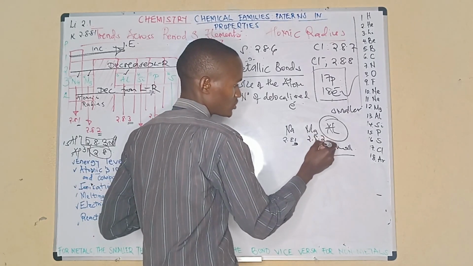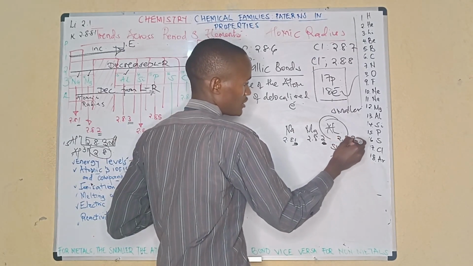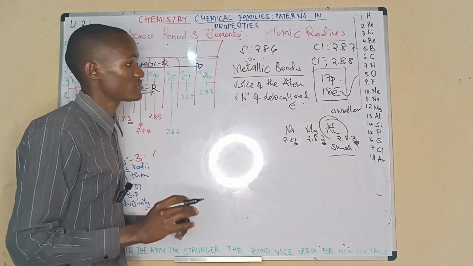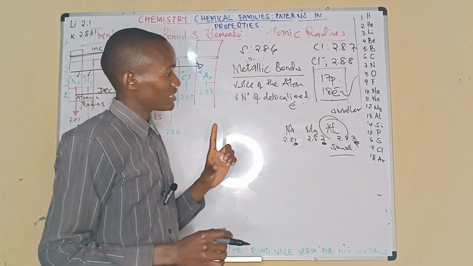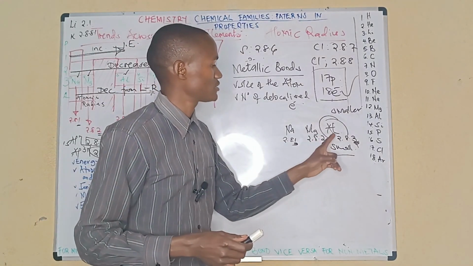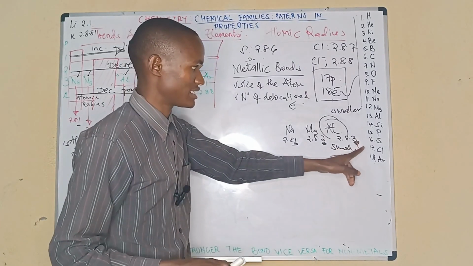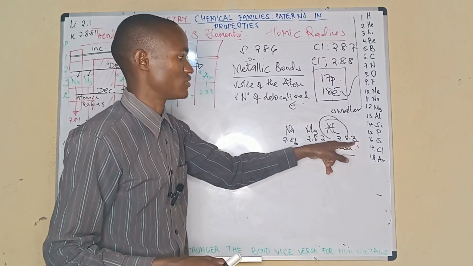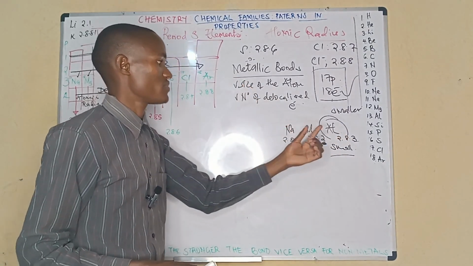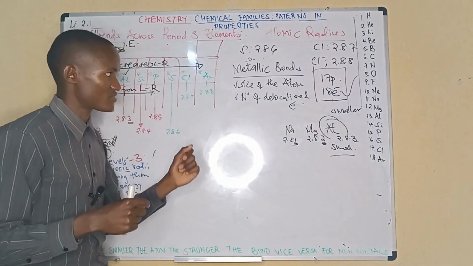Magnesium is 282, with two delocalized electrons. Aluminium is 283, with three delocalized electrons. So the higher the number of delocalized electrons, the stronger the metallic bond. Automatically, aluminium has the higher number of delocalized electrons, so it is stronger. Also, it has a small atom. The smaller the size of the atom, the stronger the metallic bond.